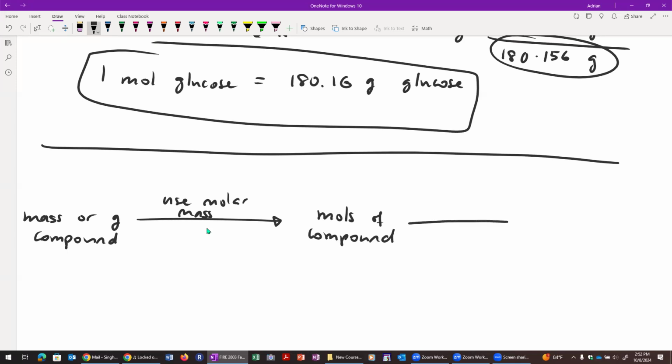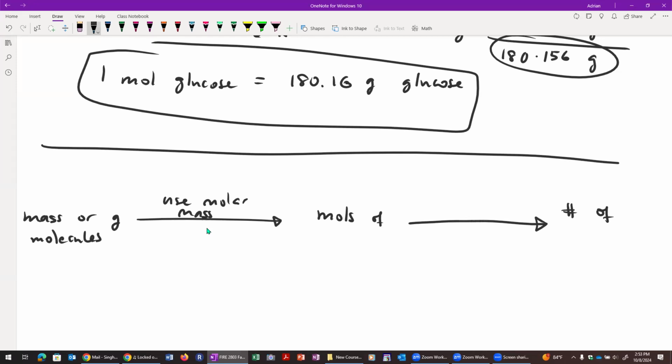And once I get to moles of the compound, I can convert it to number of whatever we're doing. So let's actually use the word molecules here, since we've been using molecules all along.